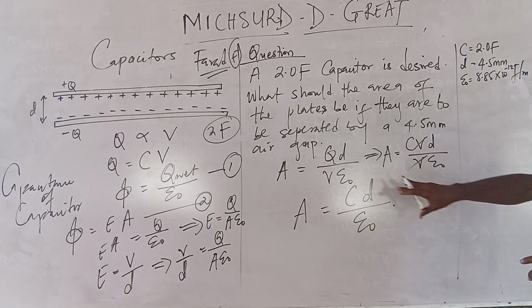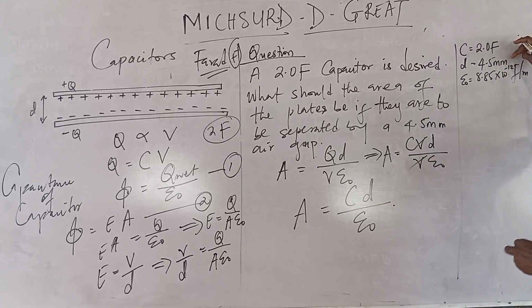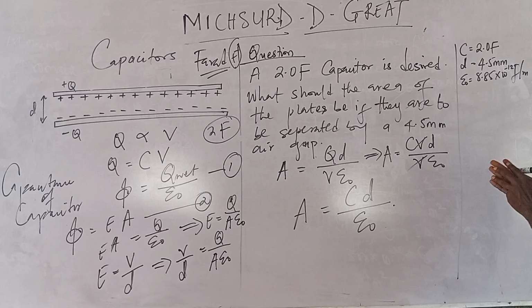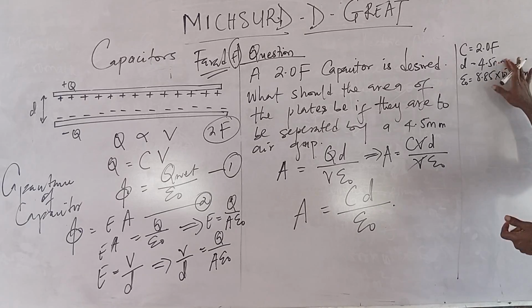Now, if we substitute, we have a problem with the distance, because it is in millimeters. We need to convert it to meters. How do you convert from millimeters to meters? You divide by 1000, or simply multiply by 10 to the power minus 3.